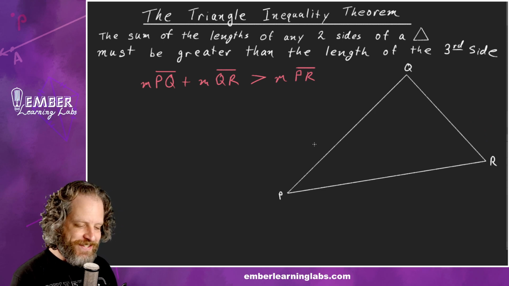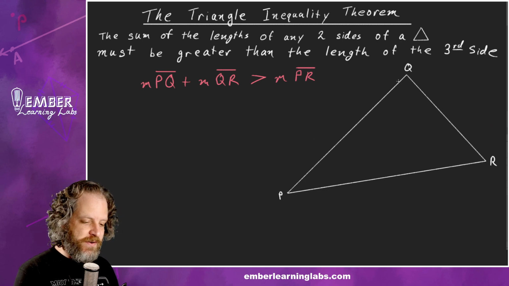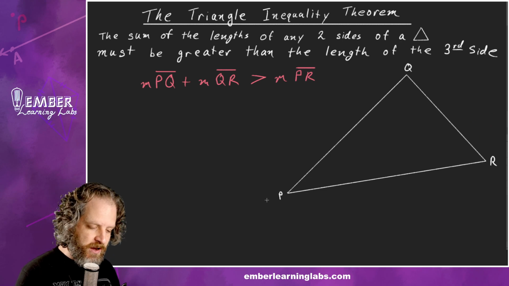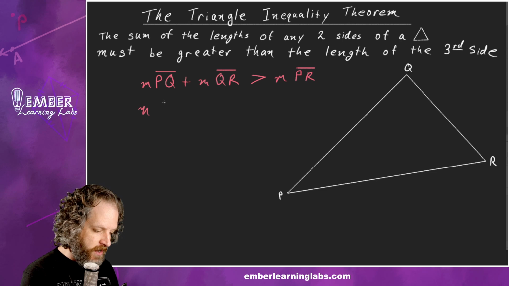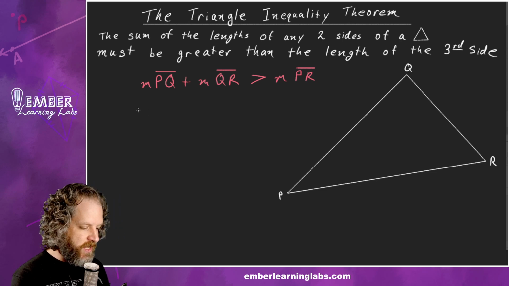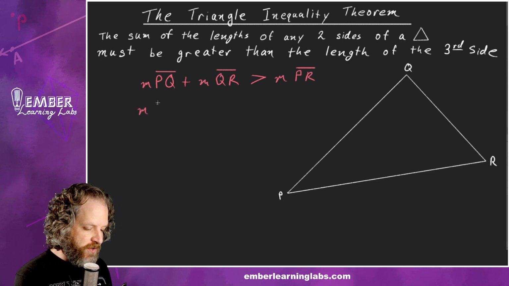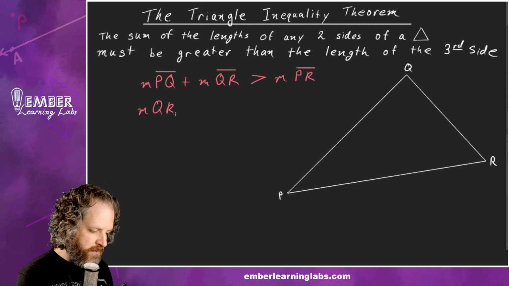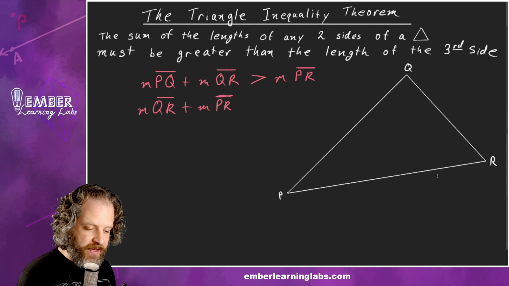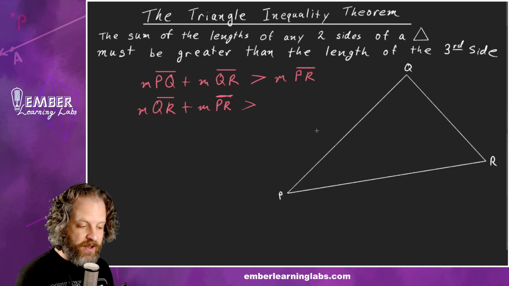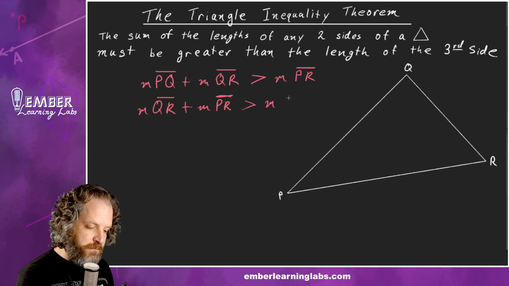It'll be fine. So you could also write the same sort of inequality for QR plus PR. The measure of QR plus the measure of PR has got to be greater than the measure of PQ.